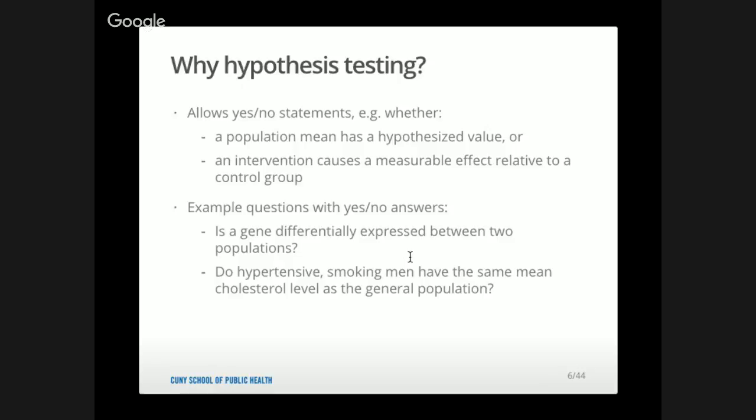Usually expressed between 2 populations, or do hypertensive smoking men have the same mean cholesterol as the general population? Just to give a couple of examples. These are both things that you would answer with a yes or no.